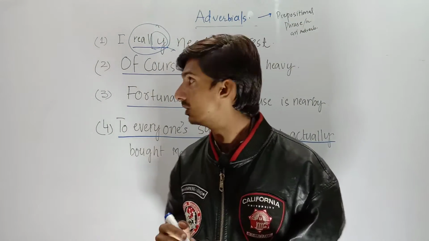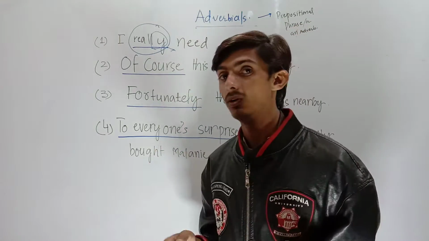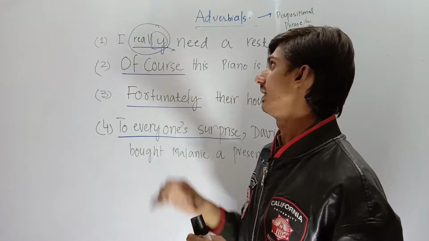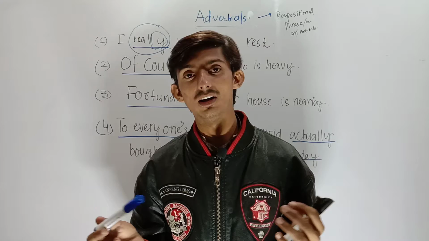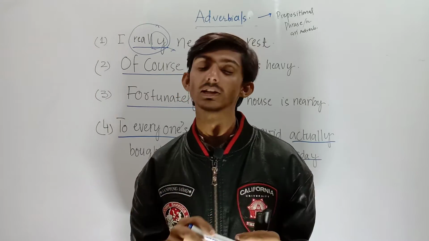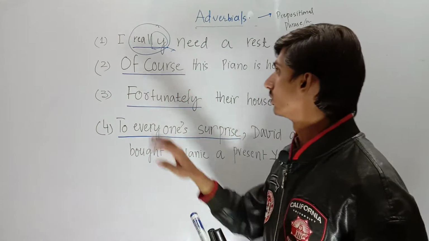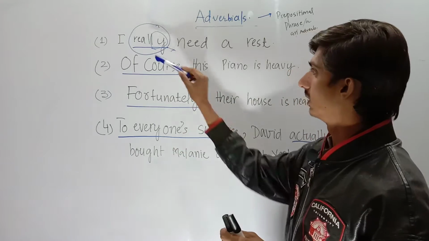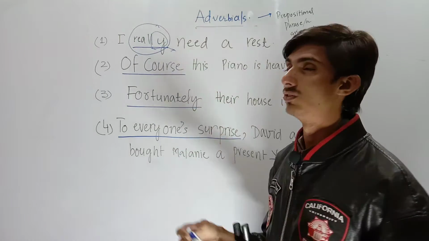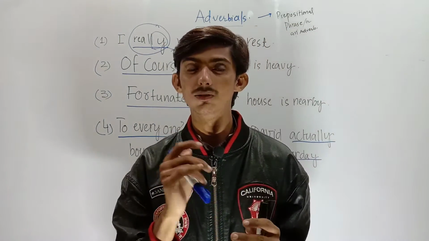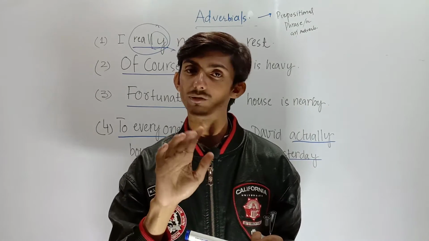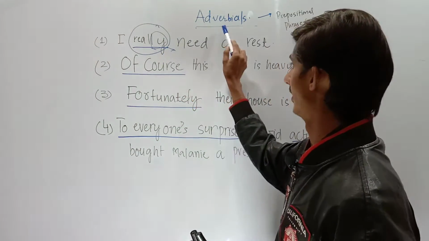Everyone must know this. So if you don't know, I am telling you, if "ly" is coming at the end of any word, it is an adverb. So now, what is "really"? Really is an adverb. That is why we call this an adverbial.